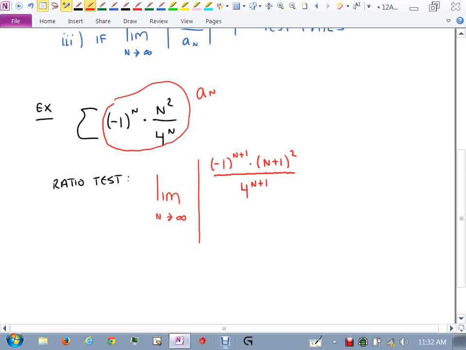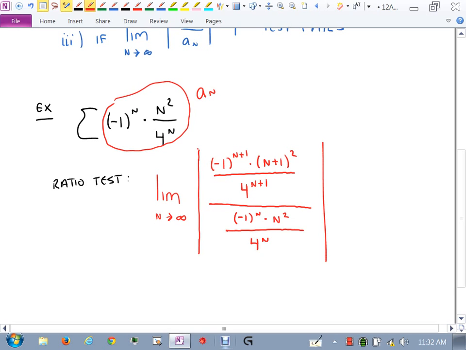And that's a sub n plus 1. I need to divide that by a sub n, which is -1 to the n times n squared all over 4 to the n. I've got a big absolute value outside the whole thing, right?